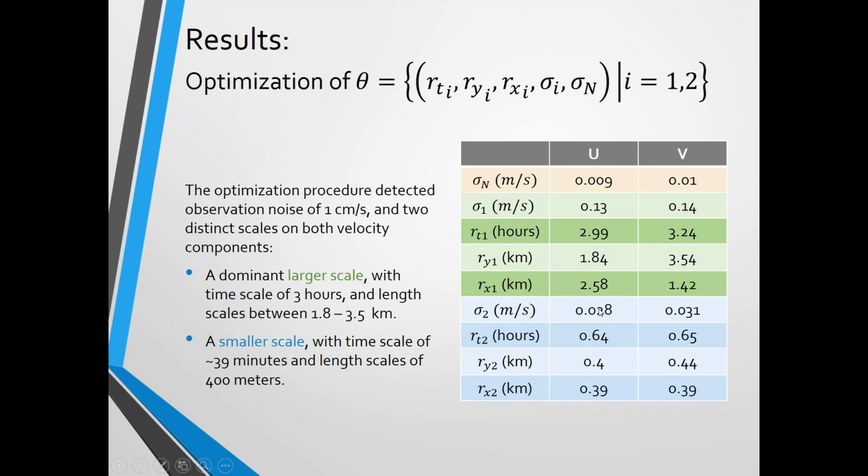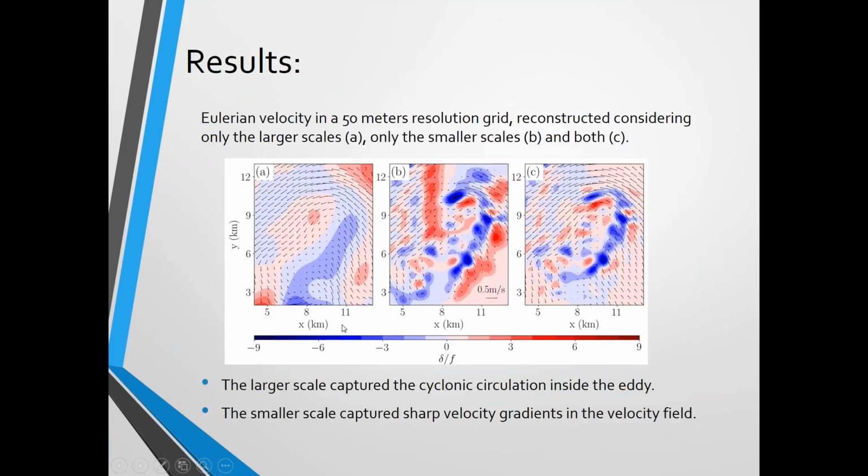And on a smaller scale with weaker variance, with time correlations of about 39 minutes, and horizontal correlation scales on the order of 400 meters. So just to illustrate the effect of each scale on my reconstructed velocity field, I reconstructed the velocity using only the larger scale, only the smaller scale, and both combined.